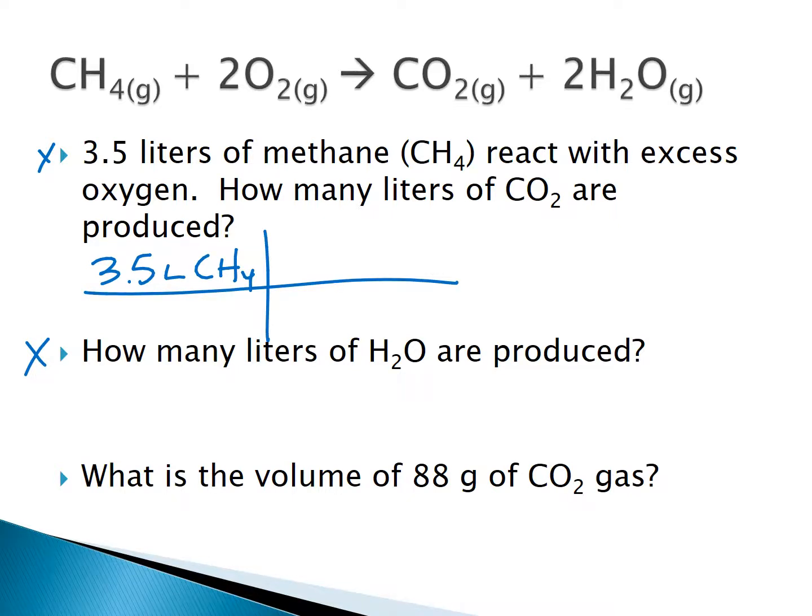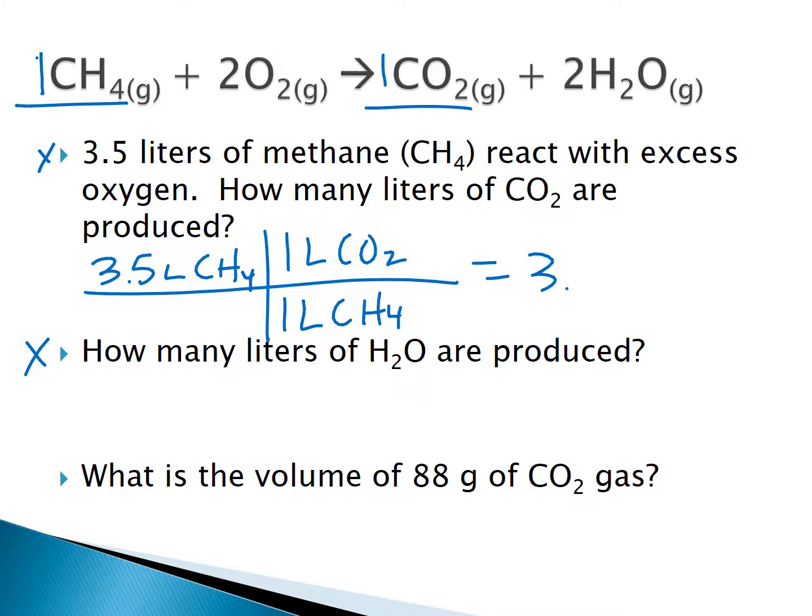Just like with the mole ratio, we can use the coefficients. I see that there is 1 liter of CH4 for every 1 liter of CO2. So that is going to produce exactly 3.5 liters of CO2, because 3.5 times 1 divided by 1 is 3.5.